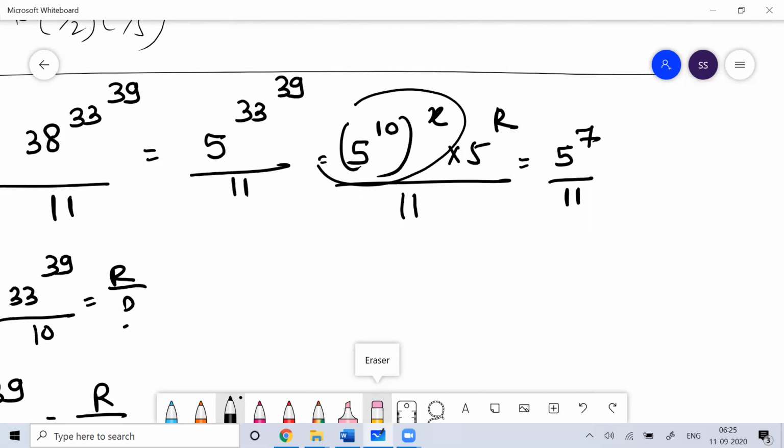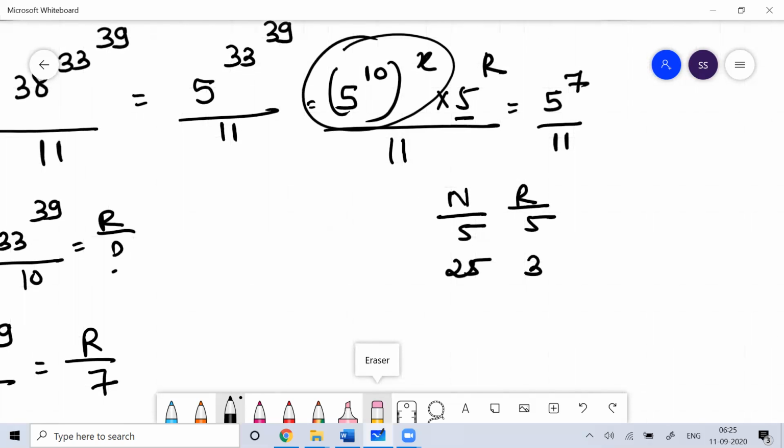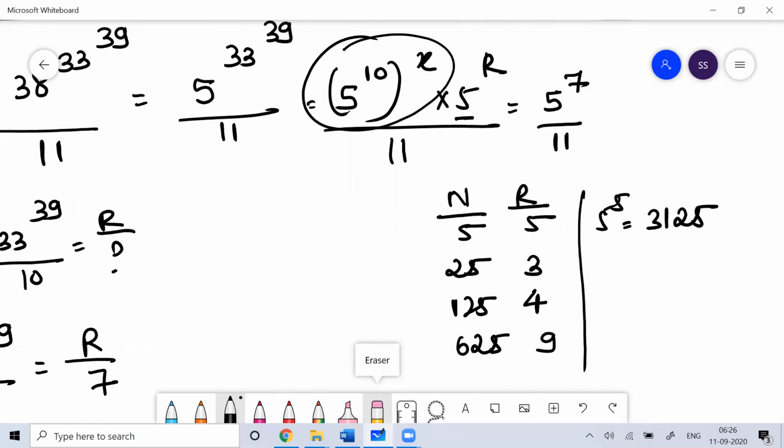The other part will anyway give a remainder 1, so I'm just bothered about 5 to the power 7 divided by 11. 5 divided by 11 gives remainder 5. 5 squared is 25, remainder 3. 5 cubed is 125, remainder 4. Then 5 to the power 4 is 625, remainder 9. Then 5 to the power 5 is 3125, and the remainder is 1.